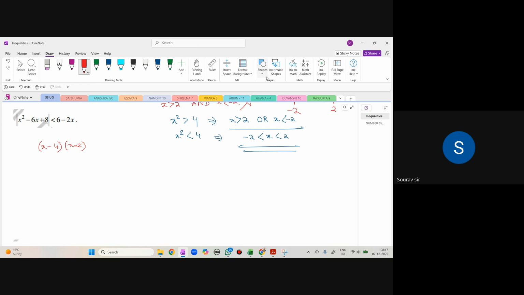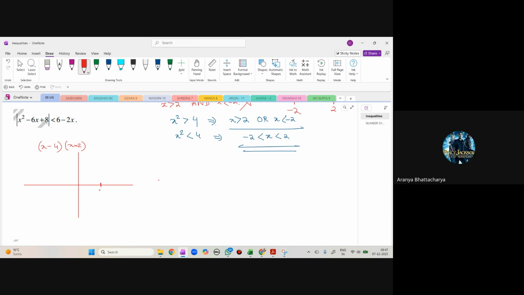Let's first understand the graph here. What would be the graph of this expression, x minus 4 into x minus 2? It is a quadratic which has two roots, x equal to 2 and x equal to 4, right?